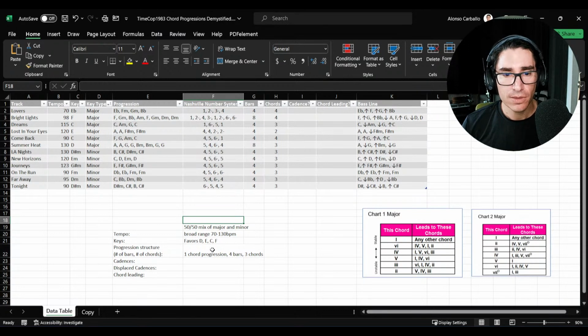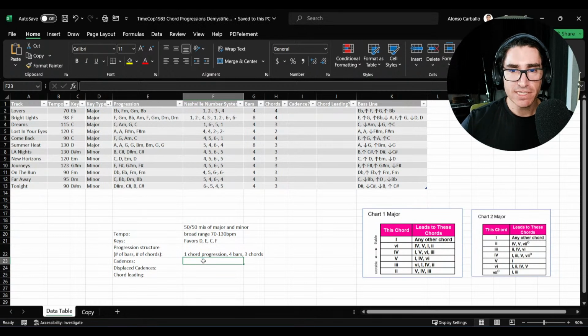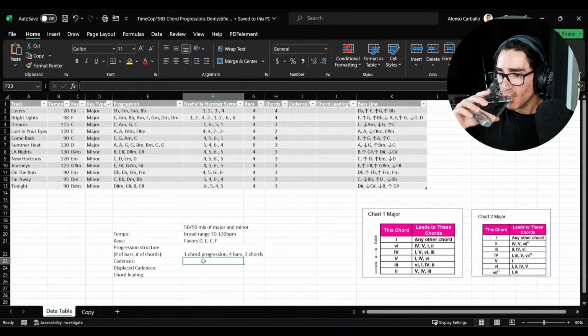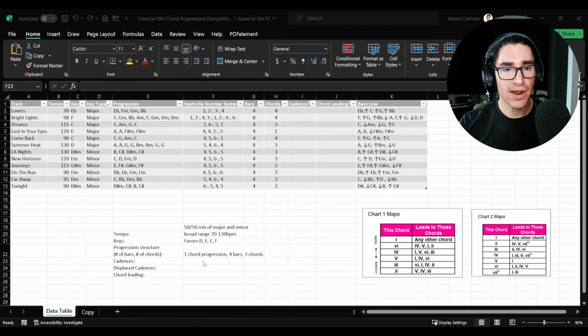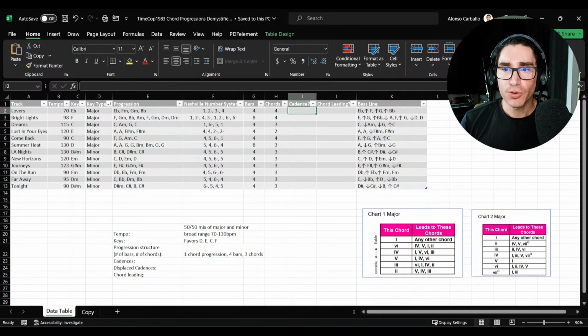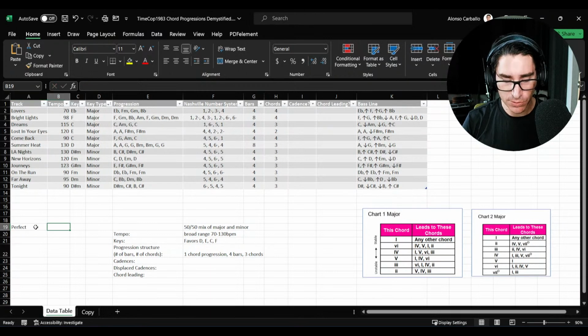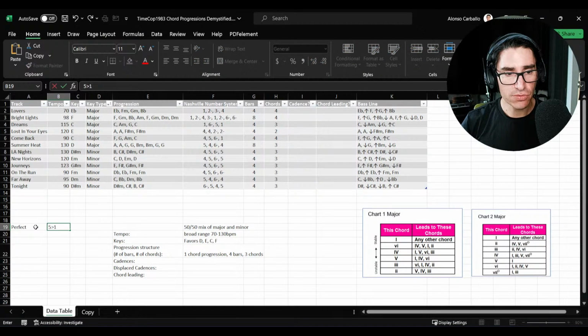All right. Cool. Now, cadences, displaced cadences, and chord leading. Let's see what we can find here. If you remember, we said that the cadences, I should have written this here somewhere. Perfect cadence is when we go from the 5 to the 1 in the progression.